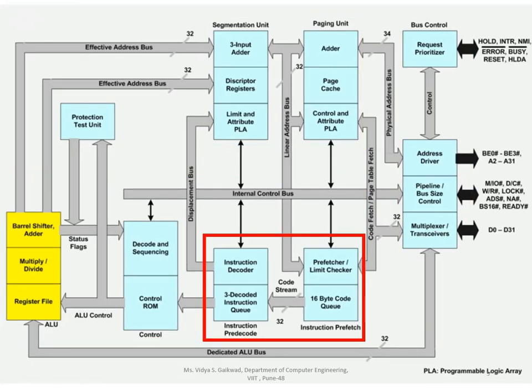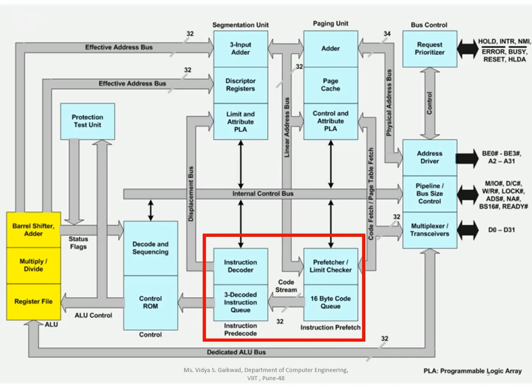Now let's see in detail this instruction unit. We have instruction prefetch and instruction pre-decode. We will be fetching the instructions from the memory. We have seen in 8086, the BIU was connected with the memory interface.